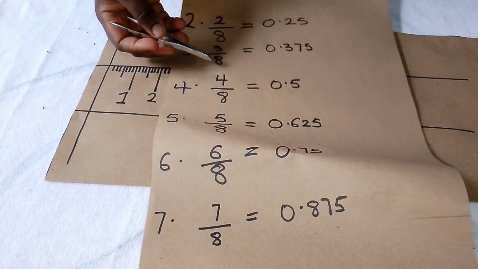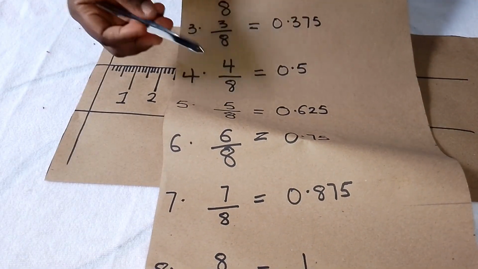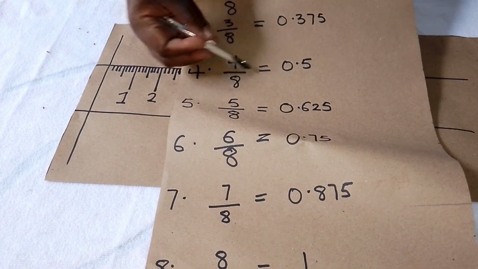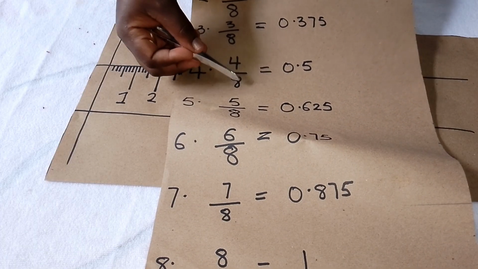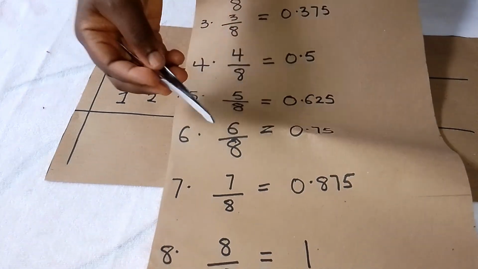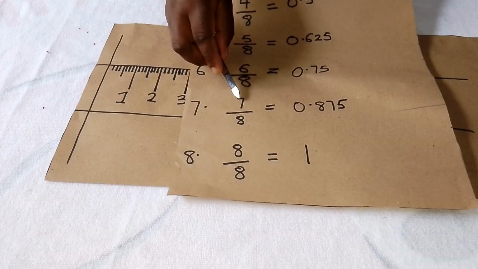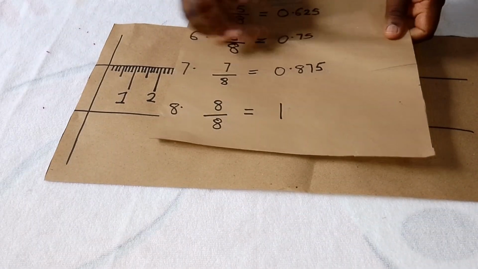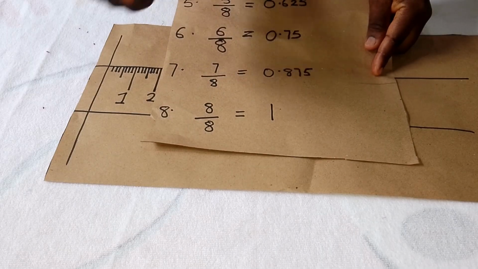You can take your calculator and do the division right now to understand what I'm explaining better. This is 4/8, 0.5. When you divide 4 by 8, you get 0.5. 5/8 is 0.625. 6/8 is 0.75. 7/8 is 0.875, and 8/8 will give you 1.